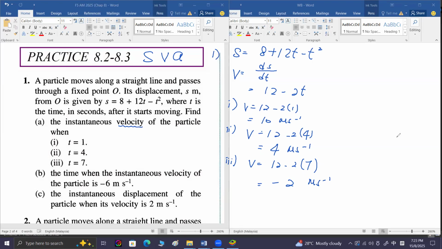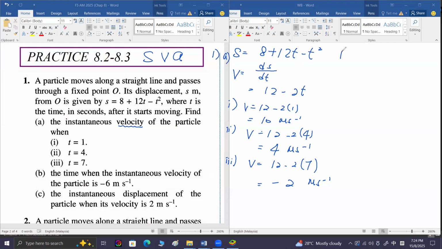I didn't use the O. When negative, the particle moves to the left. If it moves to the right of O or left of O, that one is S, displacement. When it moves to the right or left without mentioning the O, this is velocity. Okay, can you see what I mean?